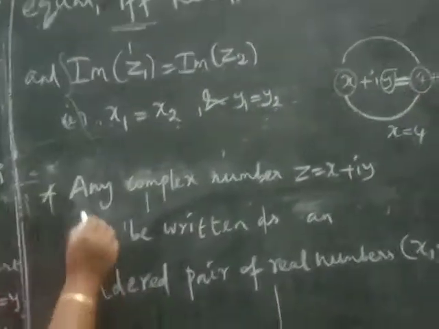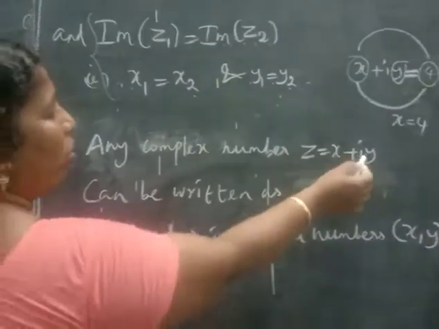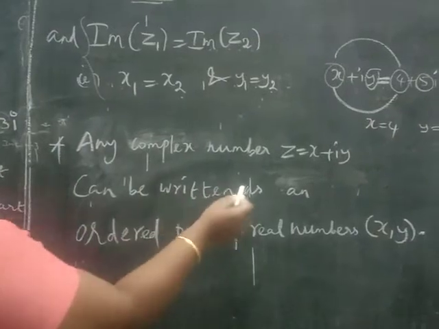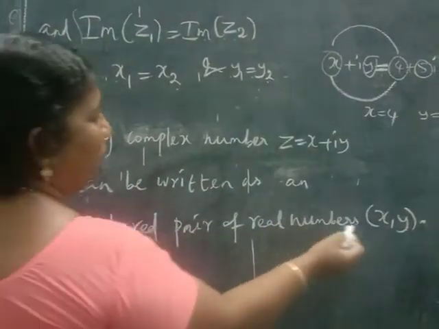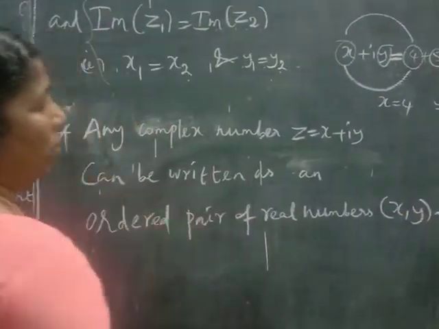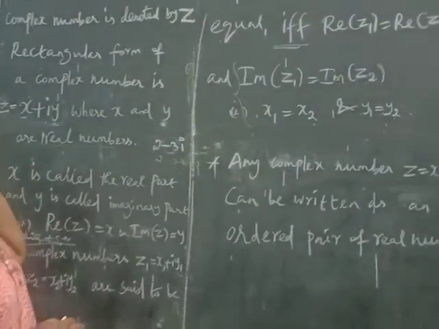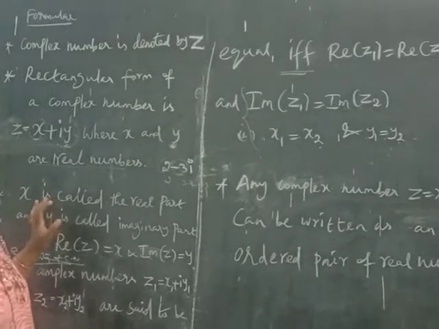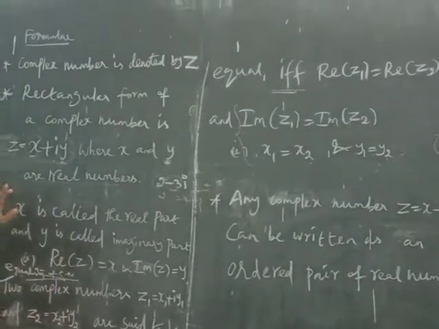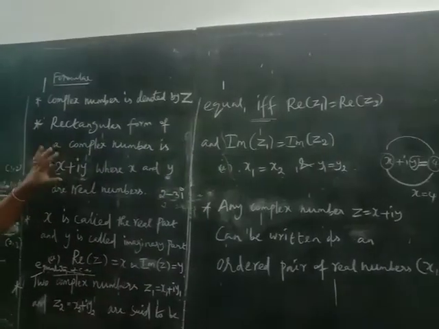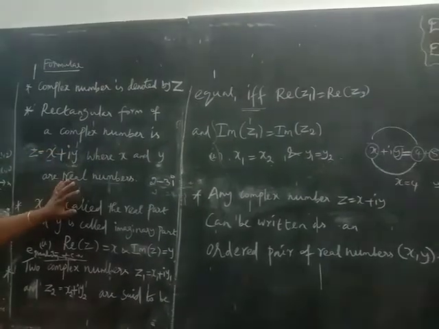Next, any complex number z equals x plus iy can be written as an ordered pair of real numbers x, y. These are the basic concepts we are going to use in the exercise problems. I hope you all will understand. The general form of a complex number is x plus iy, where x and y are real numbers.